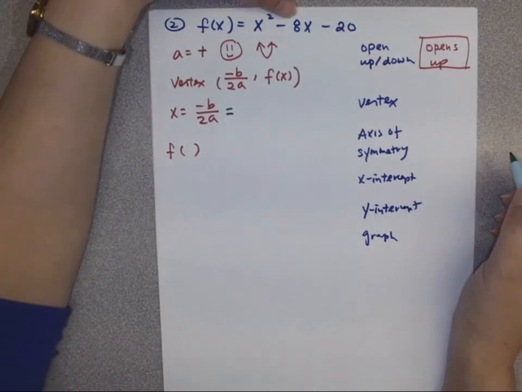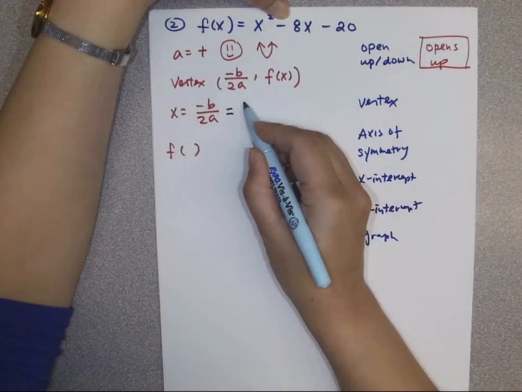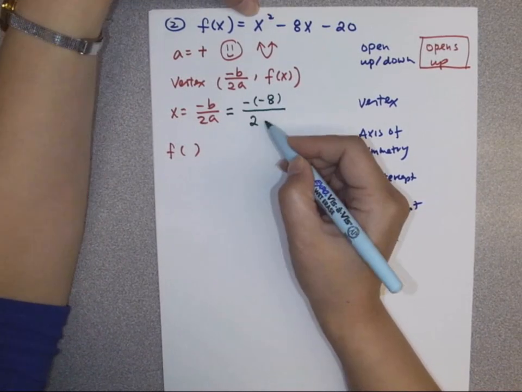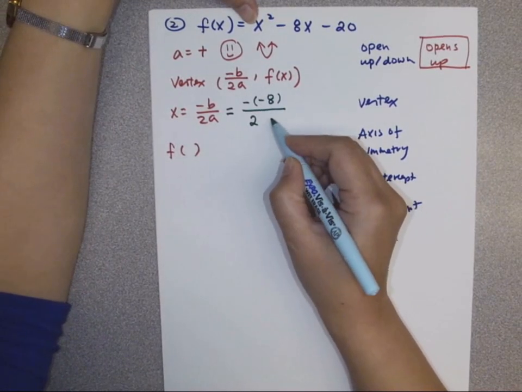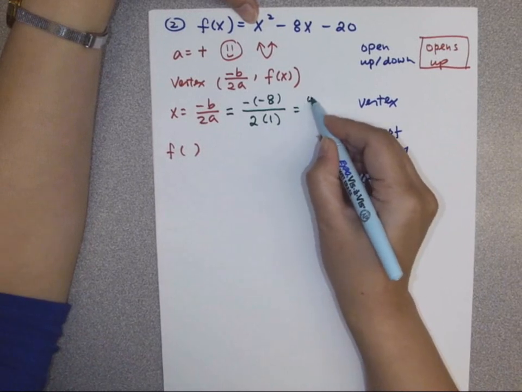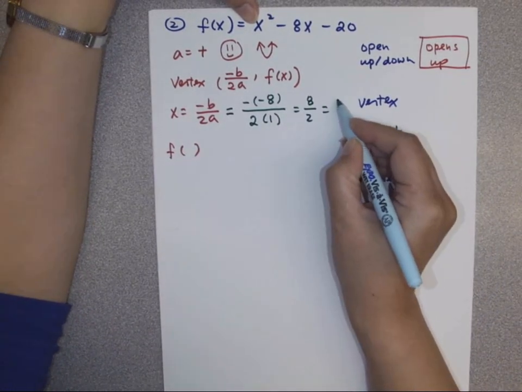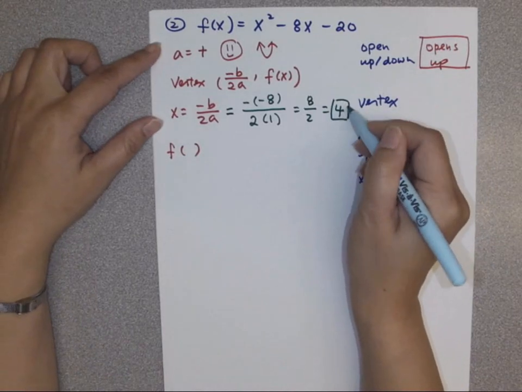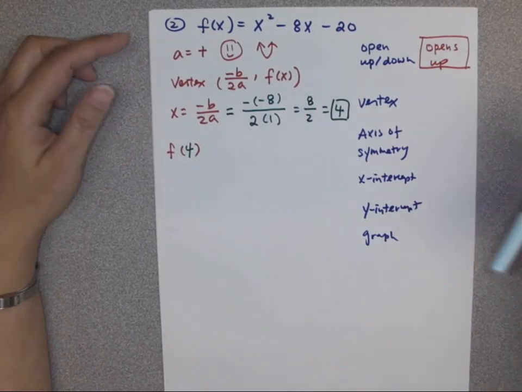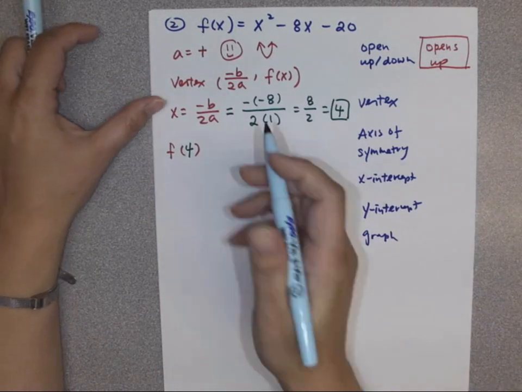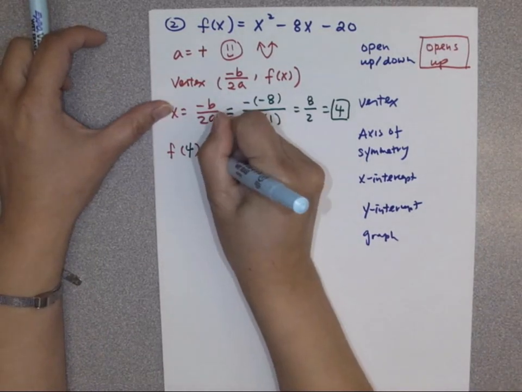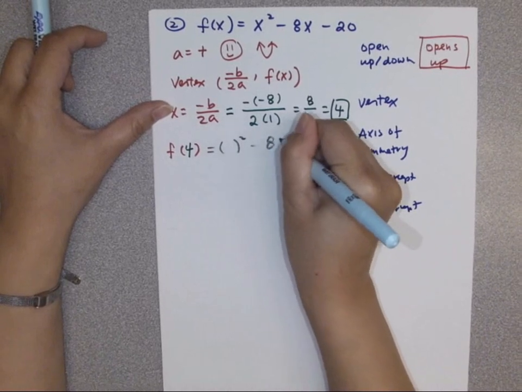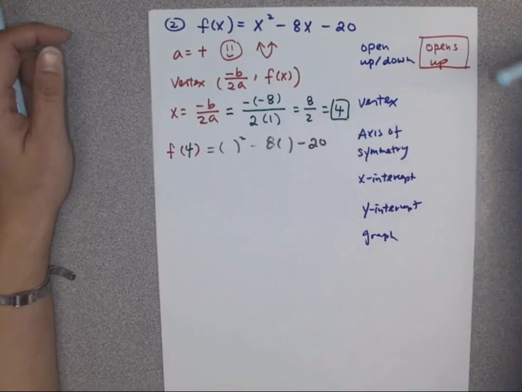So I can see -b is negative times -8 over 2 times my a, I have an invisible 1 here, right? So it's going to be 8 over 2, which is 4 for the x value of my vertex. And then I can plug in a 4 to my function, which has something squared minus 8 times something minus 20, right?